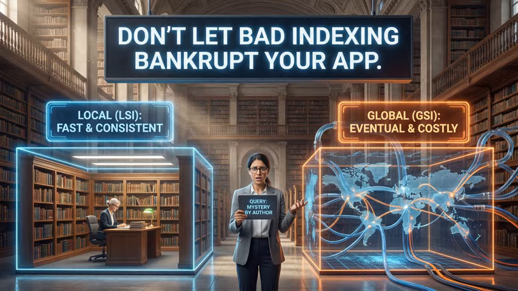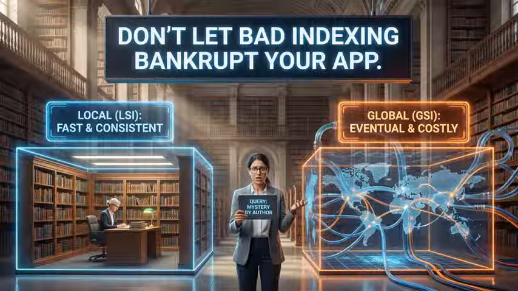Back to the library, a GSI is like a centralized author index that lists every book by Agatha Christie and tells you which branch has it. It's an online catalog that aggregates data from all branches. When someone asks for mystery novels by Agatha Christie, the global index directly points to all branches holding those books: one index to rule them all.